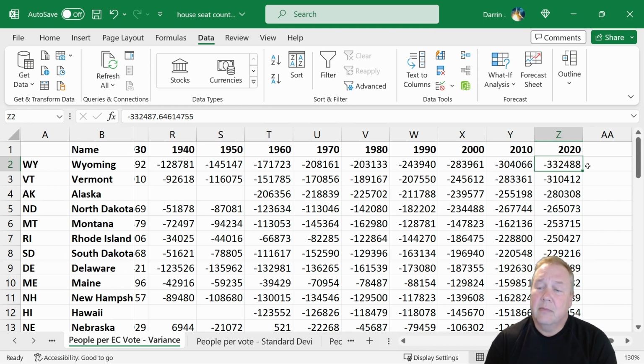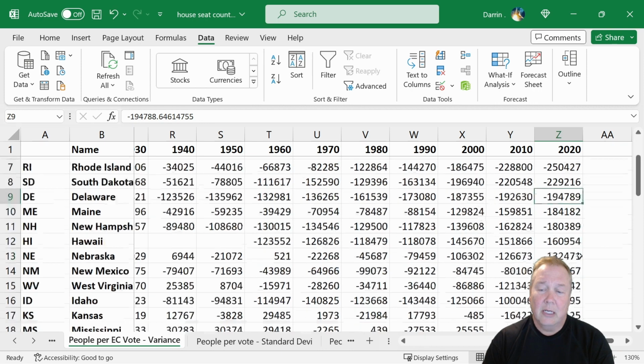There's 332,488 fewer people per electoral college vote than average nationwide. They have a lot more influence. They're way oversized. But as you go through, we have Vermont and Alaska and North Dakota and Montana and Rhode Island and South Dakota, Delaware.